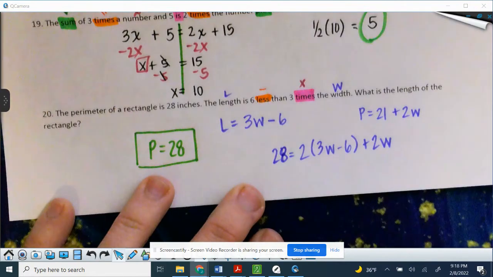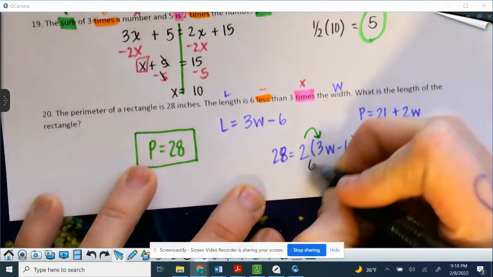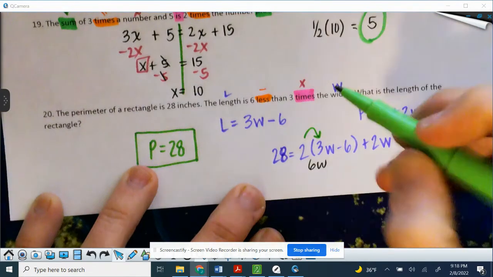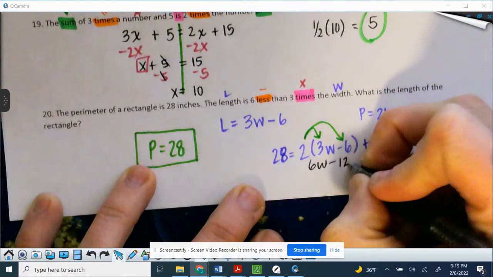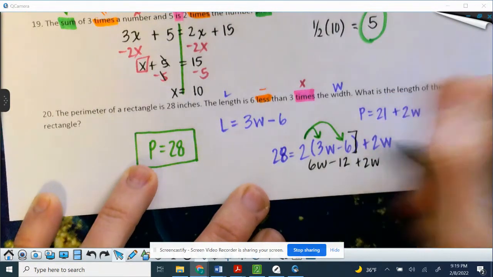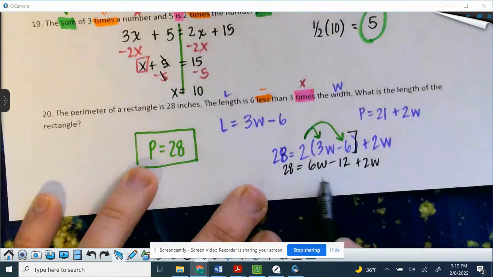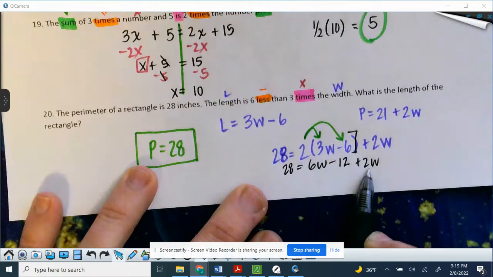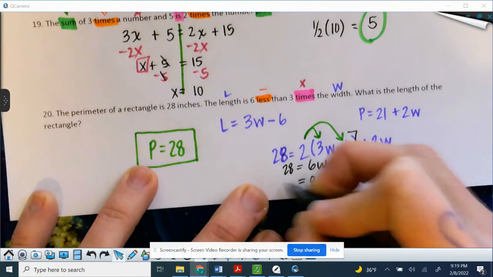So 2 times 3W is going to give me 6W. See if I can write small enough to fit it on the page. 2 times negative 6 is negative 12. This is our big brick wall. So plus 2W equals 28. We're going to clean up this side. 6W plus 2W is 8W minus 12 equals 28.